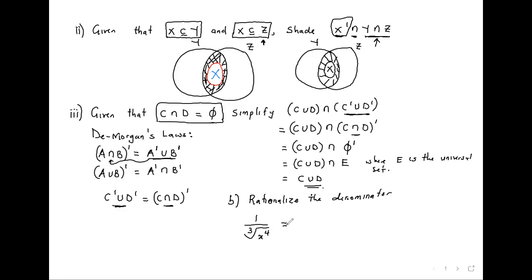So you can write this as 1 over x power 4 over 3. That's what it means. To rationalize this, it means that we must remove the powers of x in the denominator and leave x standing alone. The only way we can do that is by making sure that the power of x here is 1.